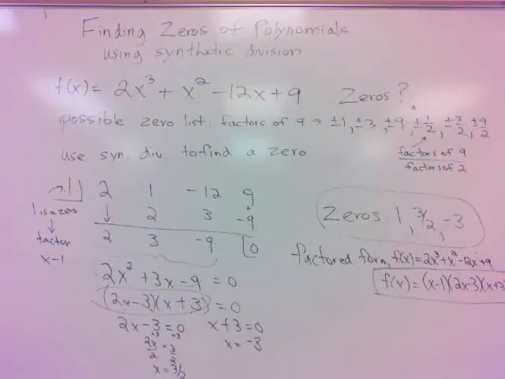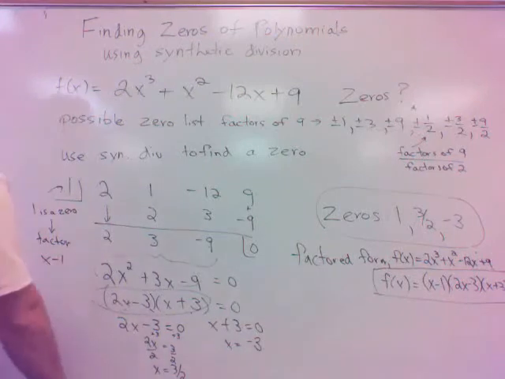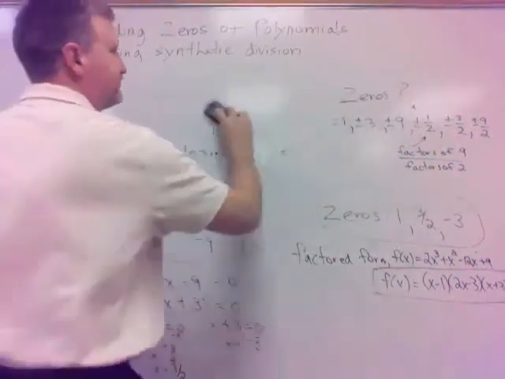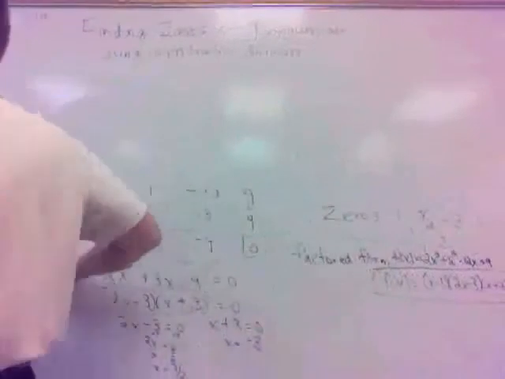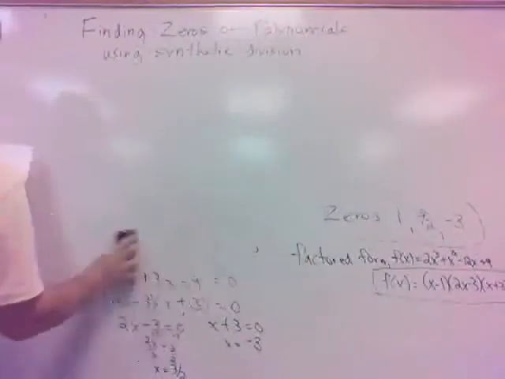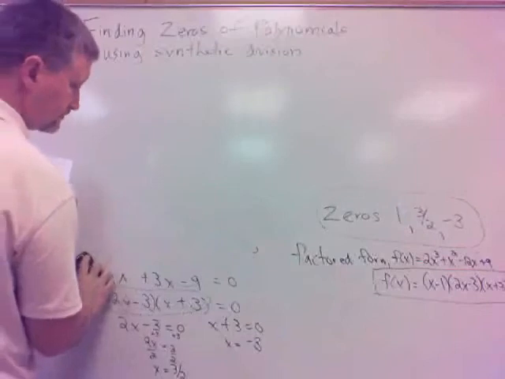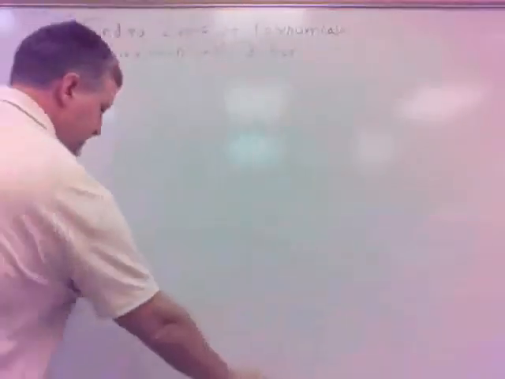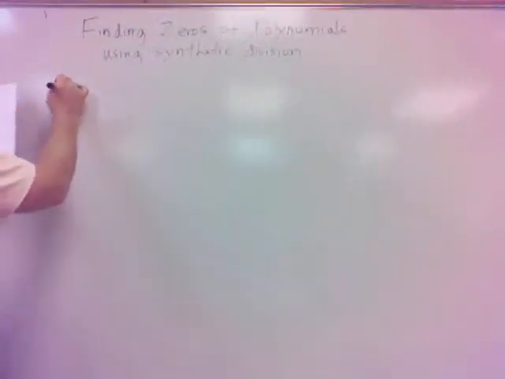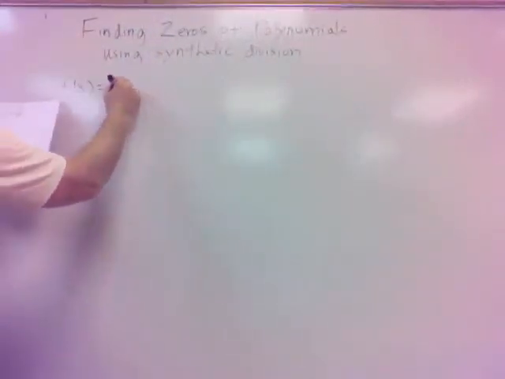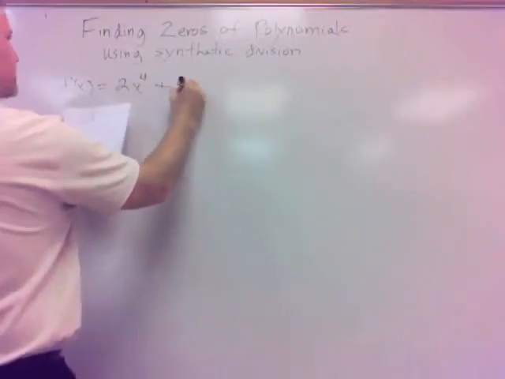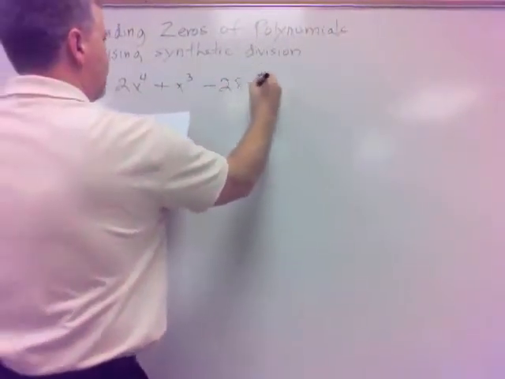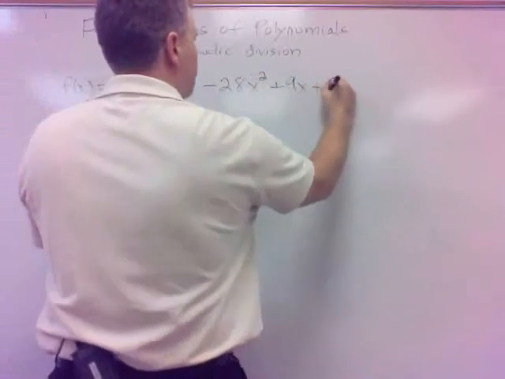Okay. So let's try another one. This one's going to be 4th degree. 4th degree polynomial function, so it's got lots of factors. All right, f of x equals 2x to the 4th plus x cubed minus 28x squared plus 9x plus 36.